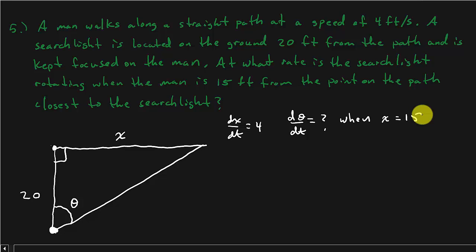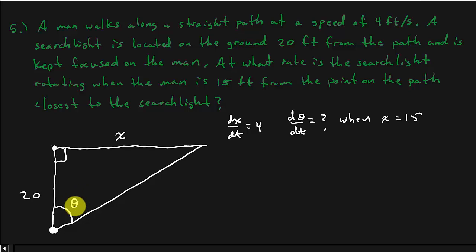All right. So like I said, we've got to have an equation, don't we? In the other examples, when we had a right triangle, we used the Pythagorean theorem. Well, I don't think that's going to work here because the Pythagorean theorem is not going to include theta.